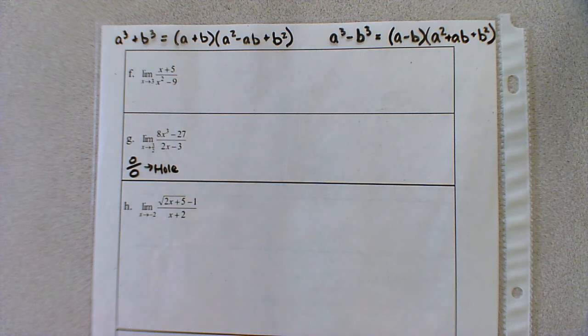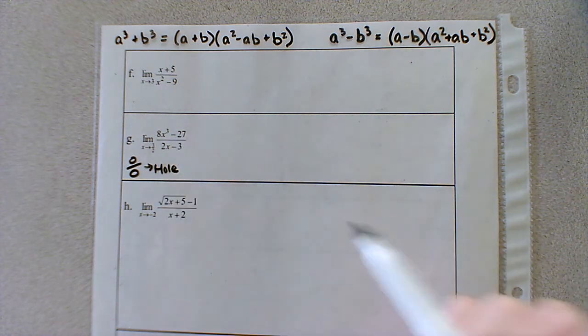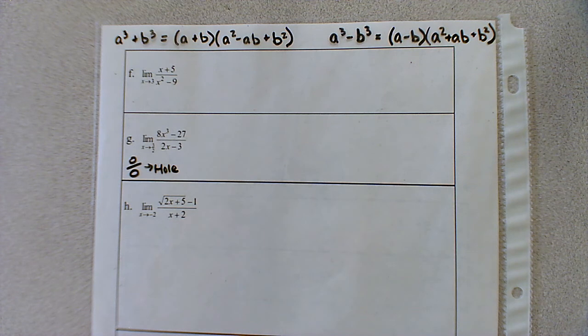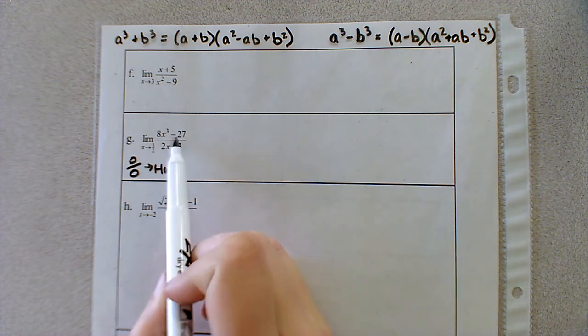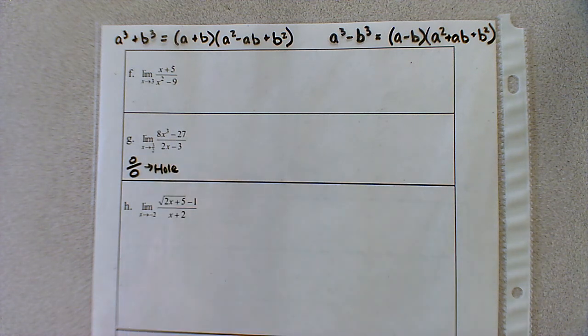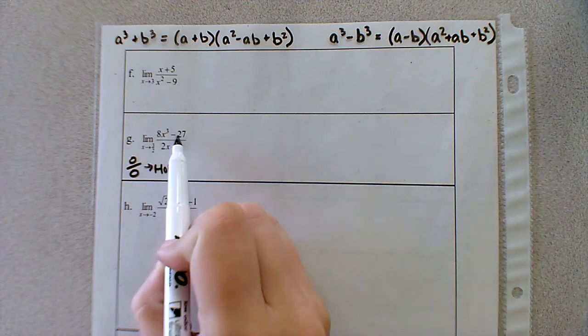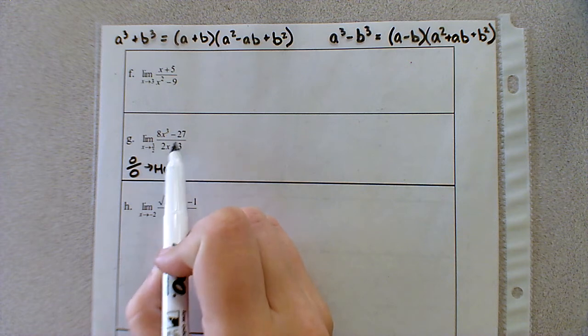And in order to do that, if we think about some of our algebra techniques, we're not necessarily going to use a conjugate because we're not dealing with a square root, but we are going to try to factor. And what's different about this one is the numerator is an example of perfect cubes. I know we've talked about the perfect square factoring technique, the difference of perfect squares, but notice how here we're dealing with perfect cubes.